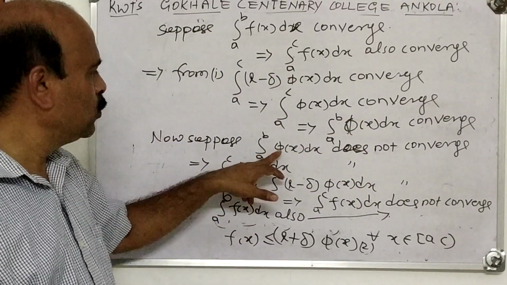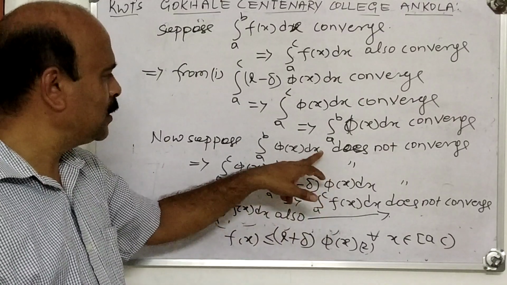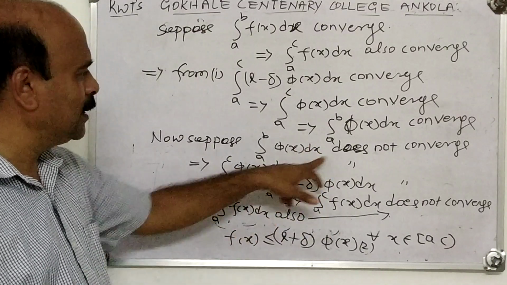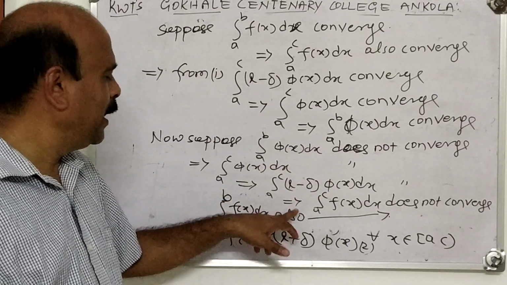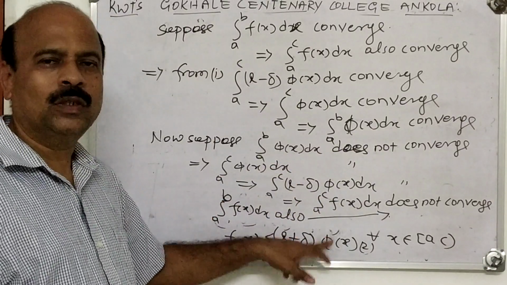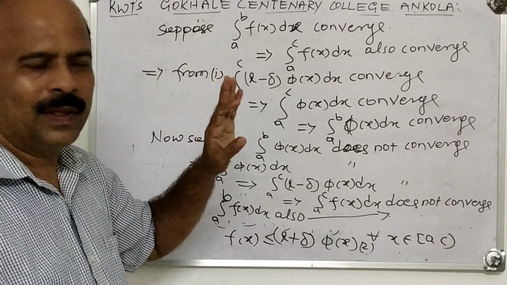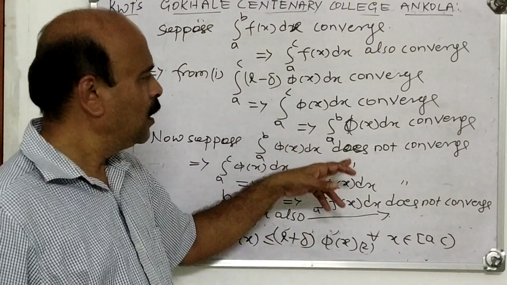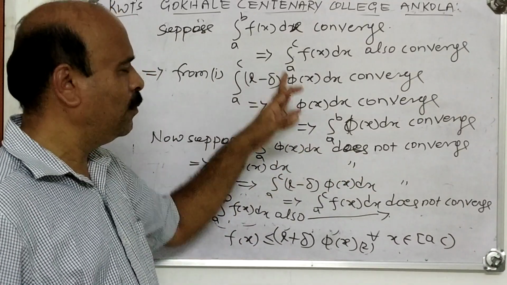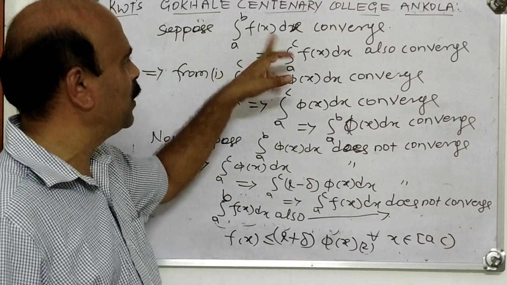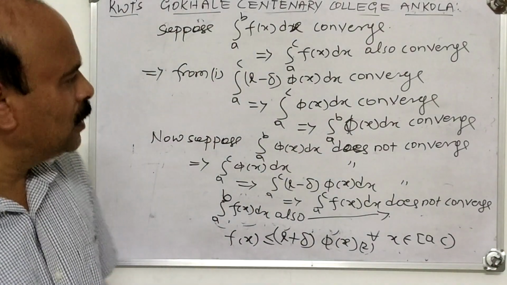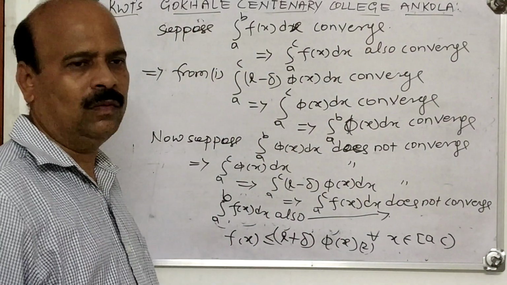Similarly, a to b fx dx does not converge implies a to b pi x dx also does not converge. From 2 we can prove this one. So either both a to b fx dx and a to b pi x dx converge or both do not converge.